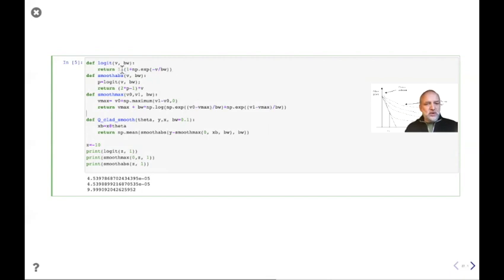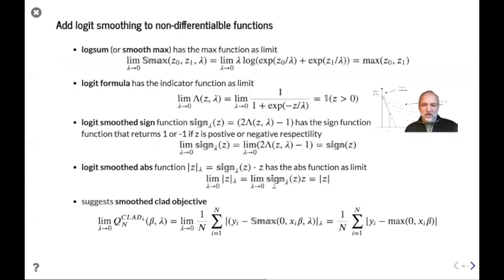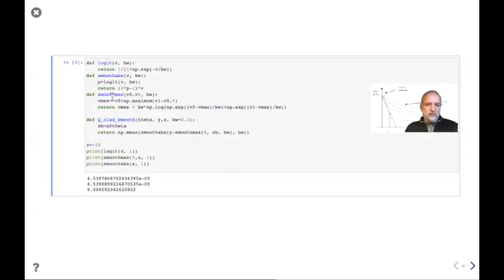So this is our logit. This is the smooth abs operator, right? Basically smooth abs. This is returning 2 times that logit formula minus 1 times whatever value I put in. Okay, so this is this guy here, the smooth abs operator. And then we have the smooth max, which is just the log sum.